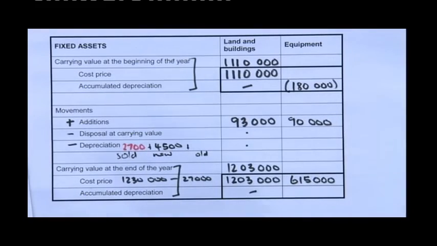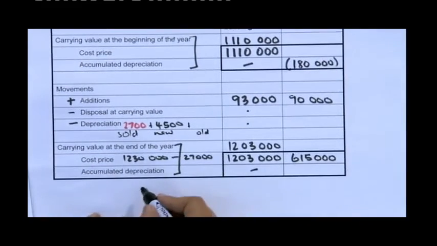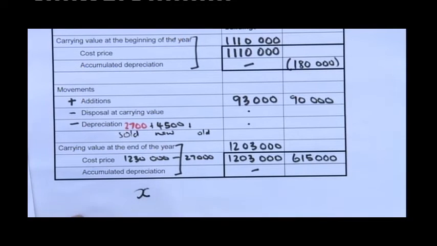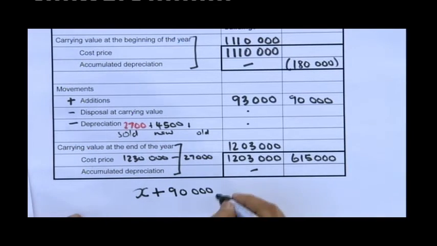So what it's saying is, I had equipment with a cost price at the beginning of the year, which I don't know. I want to calculate it, so I make the unknown any letter, but because we're doing maths, we normally just take x. Then we added 90,000. That was the cost price of the new equipment that we bought.